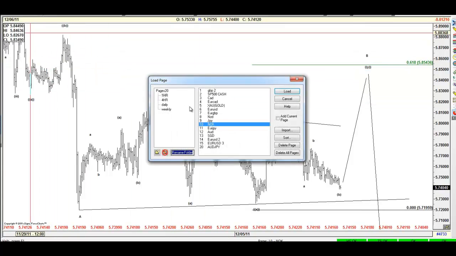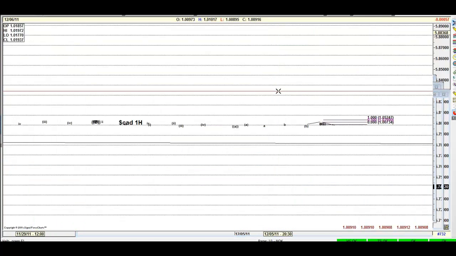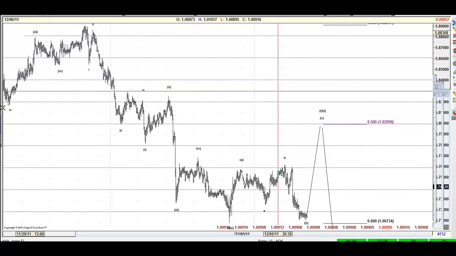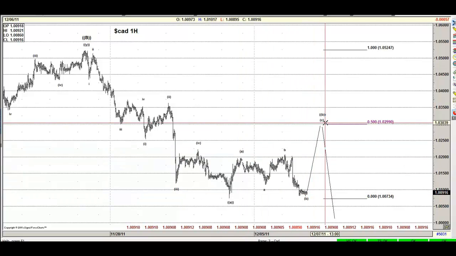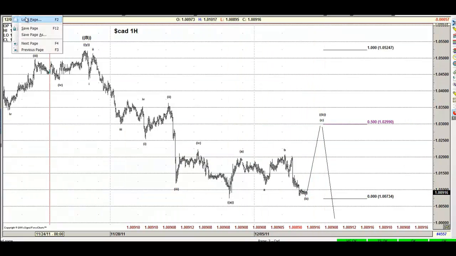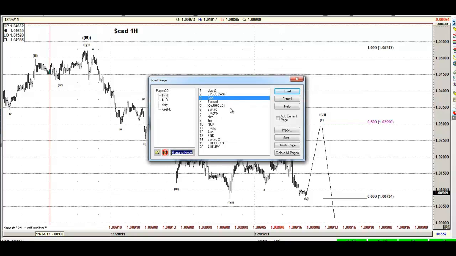Also, the dollar CAD is supporting that type of scenario. Look, you have like a flat in the dollar CAD. You got 3, a flat, and a possible rally in the dollar tonight. And then, let's see, what else?